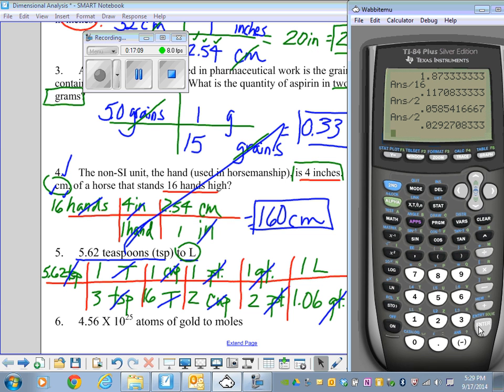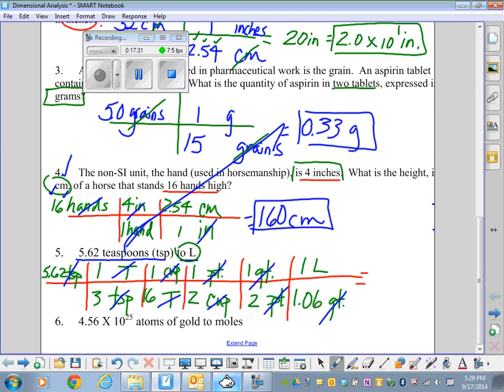And divide it by 2 again and hit enter. You can see our numbers getting smaller and smaller. And then finally, we will divide by 1.06. So our final answer is fairly large.